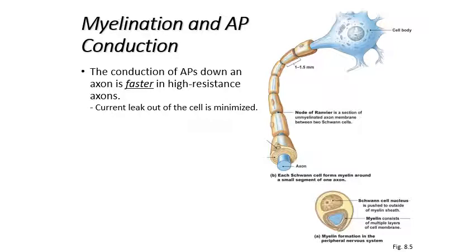Essentially all that current can be transferred to the next spot that is open, called the nodes of Ranvier. So myelination will cause conduction to be faster in these axons. It's going to minimize the current leak, because remember, we always have to be at least negative 55 to open the voltage-gated channels.